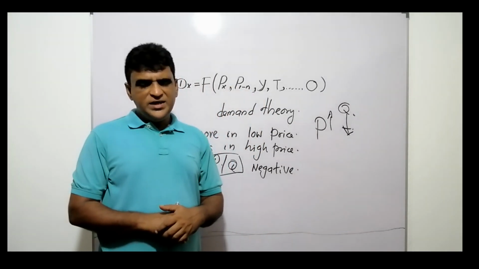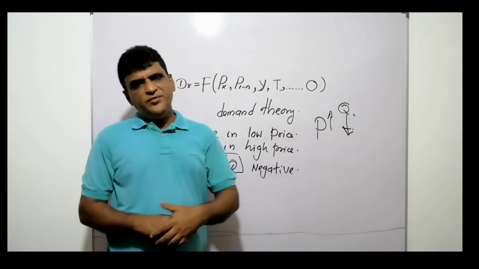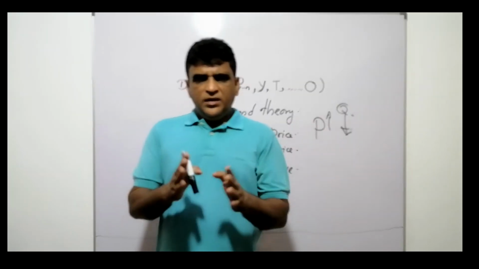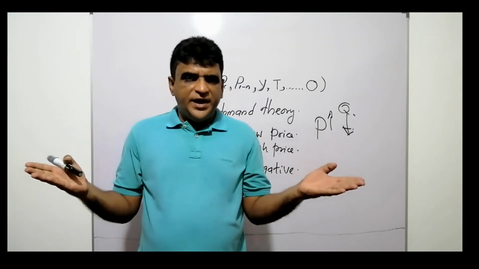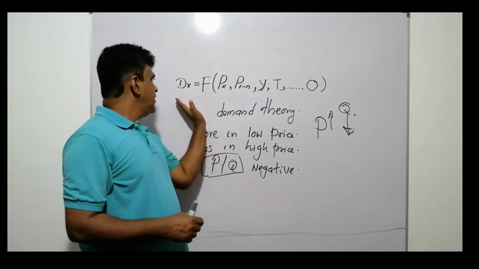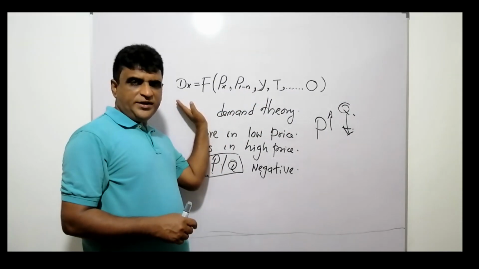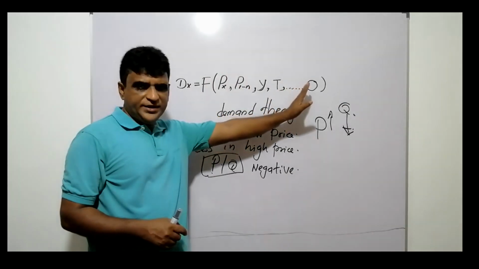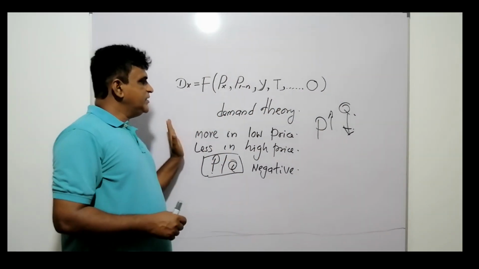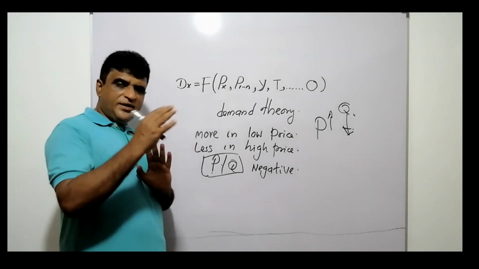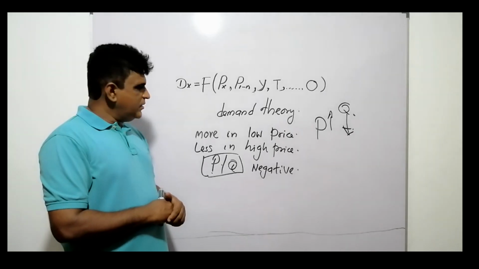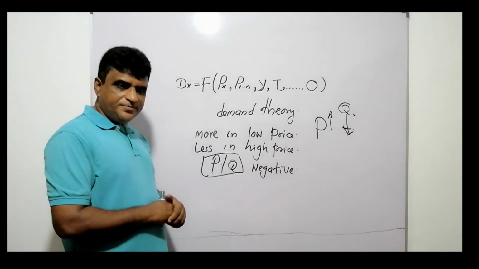This theory of demand we can represent in a few ways. Now, this is the combination between demand, quantity demanded and all determinants of demand. Then we will see the other ways we can represent this demand, mainly the demand theory.